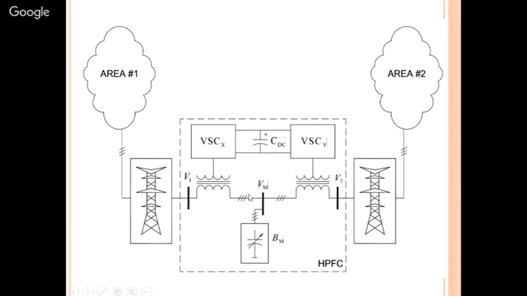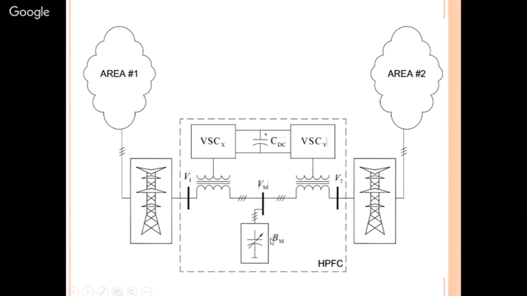So as we can see from here, in the center of this HPFC you have one shunt connected source of reactive power. So what is this? This is nothing but your shunt connected source of reactive power, which is represented by BM in this case, and it represents the controllable shunt connected variable capacitance.